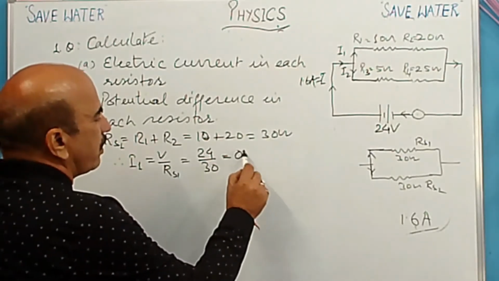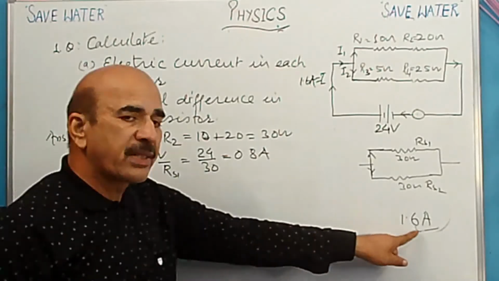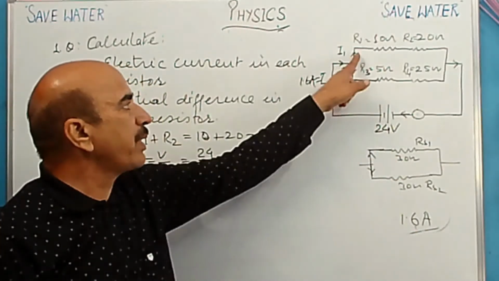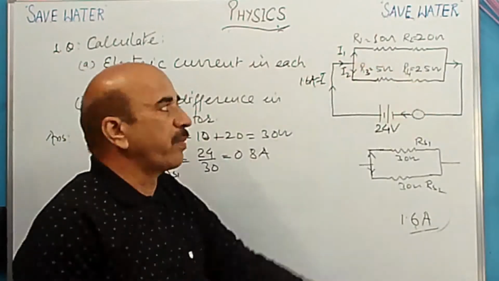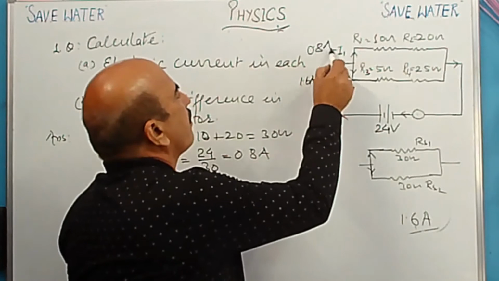We get 0.8 ampere current. So out of 1.6 ampere, 0.8 ampere goes in R1 and R2. So here I1 is equal to 0.8 ampere.